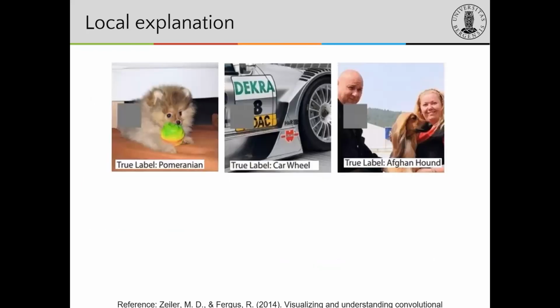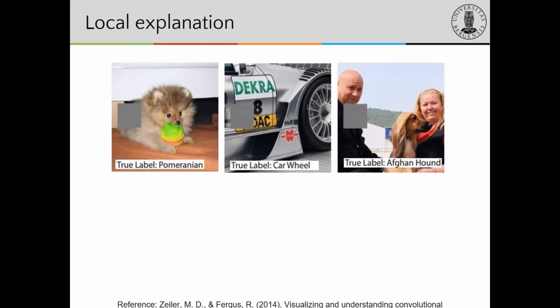Based on the method I introduced before, I want to show 3 examples based on the algorithm. These 3 pictures each have a true label. Which means if I put the first picture into the network, it will tell me this is a Pomeranian dog. The second picture will be car wheel, and the third picture will be Afghan hound by the neural network.